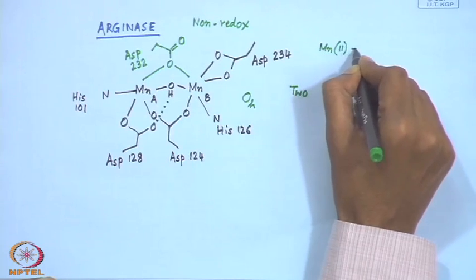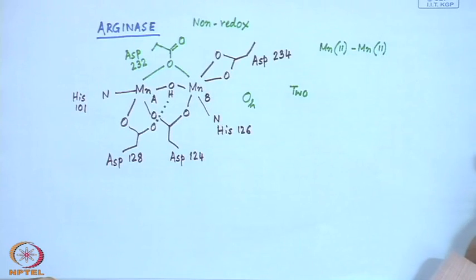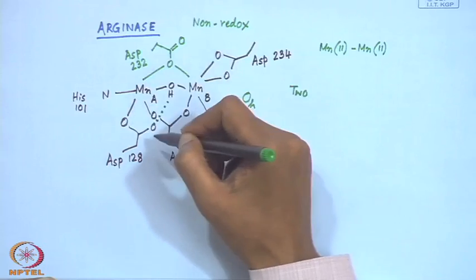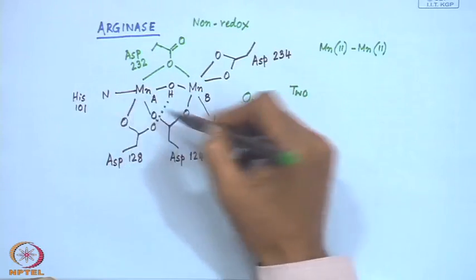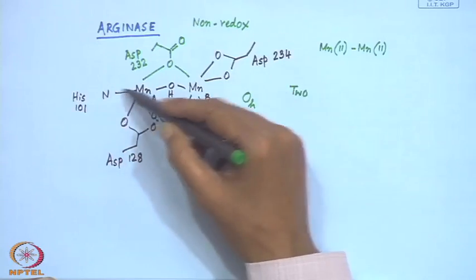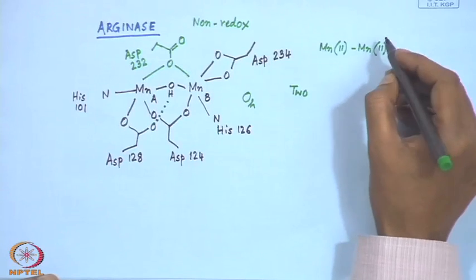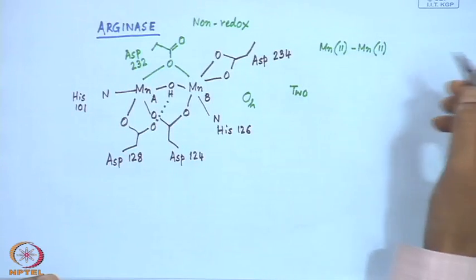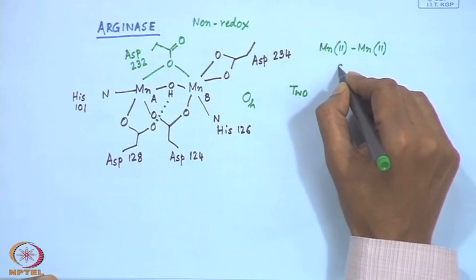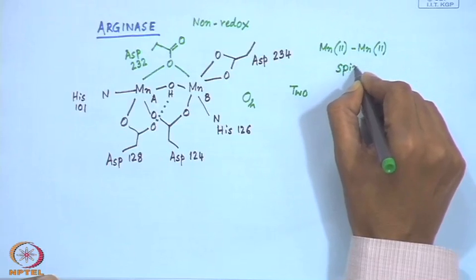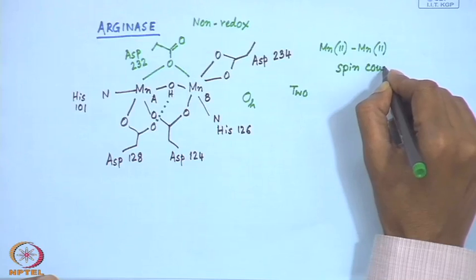So, it is a dimer of manganese 2 and manganese 2, and since these donor groups are mostly oxygen based, you see only 2 nitrogen. In catalase also you have 2 nitrogen from the histidine residues. So, they are weak in nature. So, you have the high spin system. So, it is a 3d5 system, but there are interactions. So, we call them spin coupled, that means interactions are there.